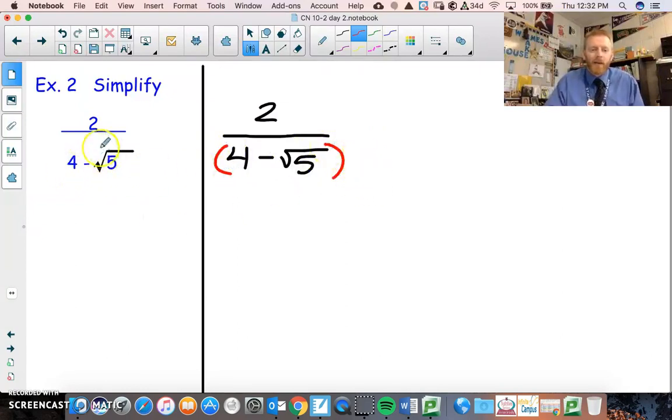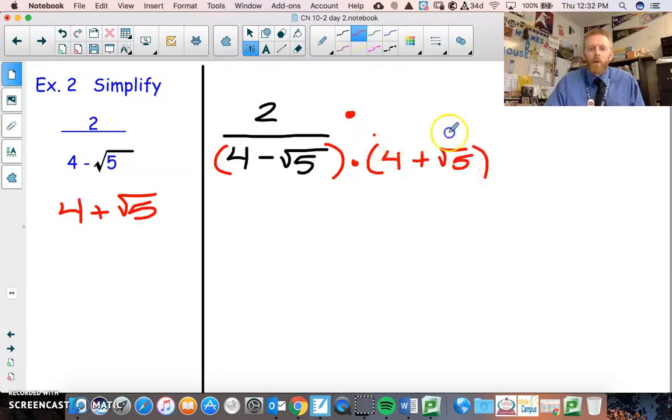Now a conjugate would be the opposite of what you see. So a conjugate for this one will be 4 plus the square root of 5. So we are going to multiply both the top and the bottom by 4 plus the square root of 5. We are doing this so that we can get rid of the square root on the bottom, but also keep things balanced.